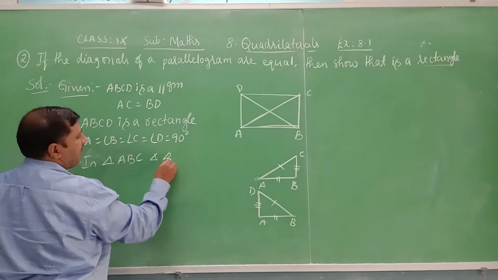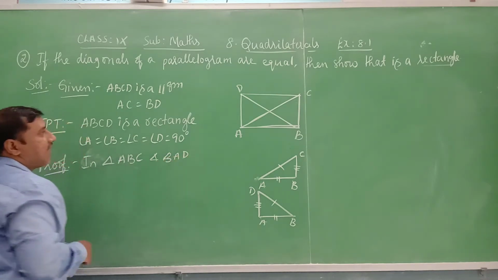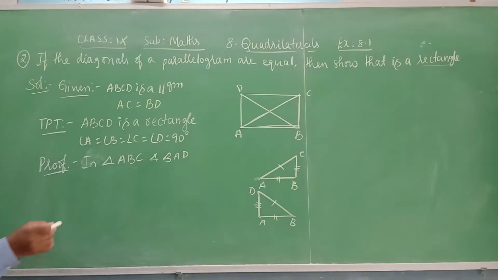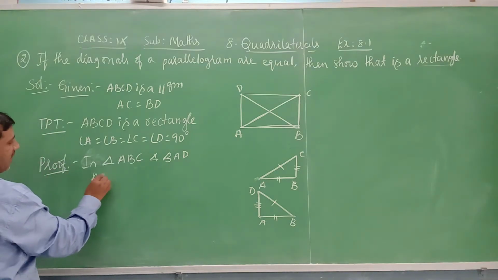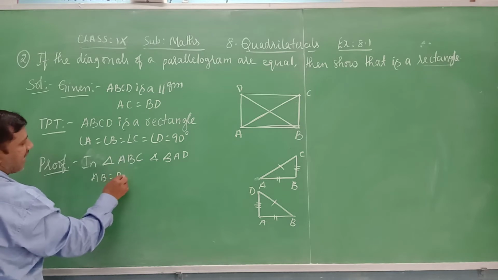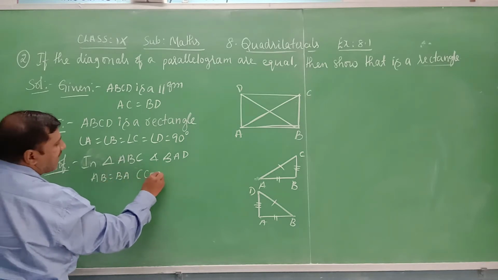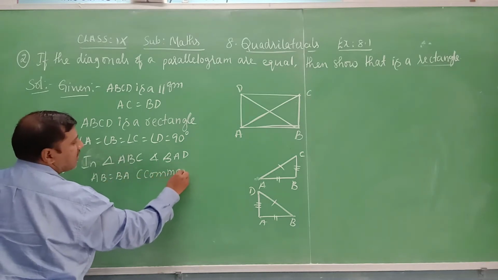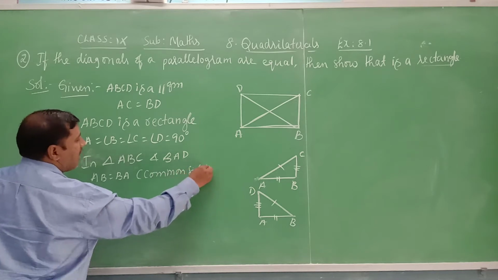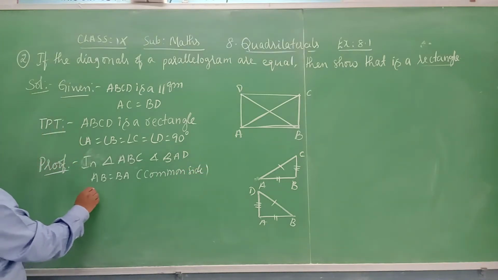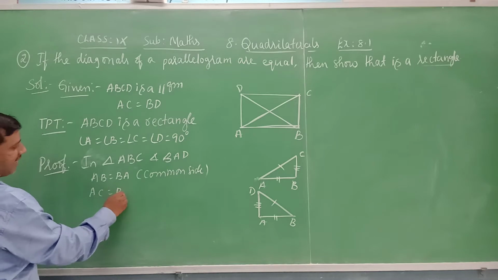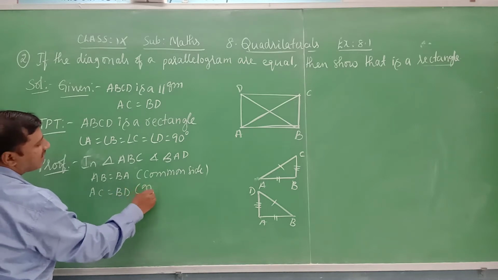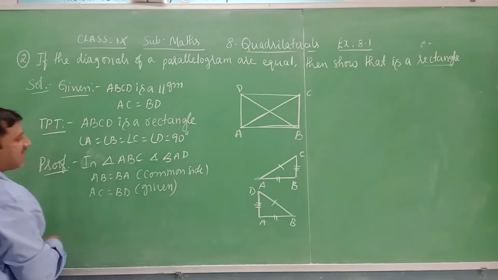We observe in these triangles, AB is equal to BA, that is the common side, and next AC is equal to BD, given, diagonals are equal, given in the question.